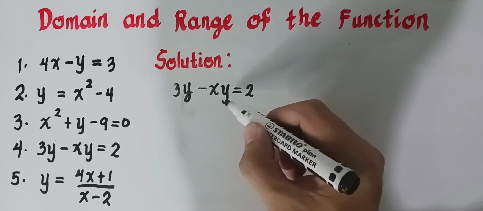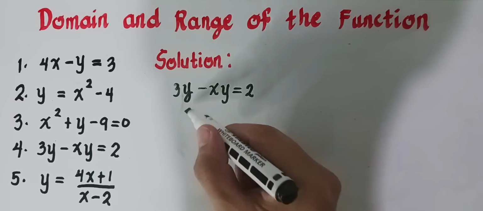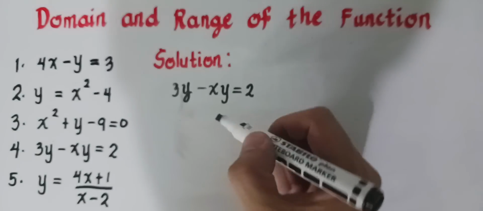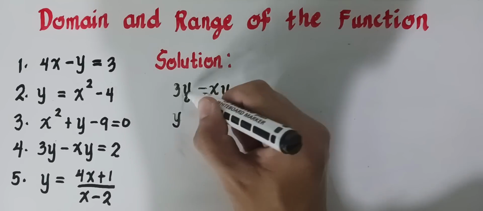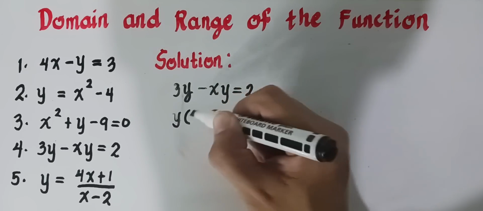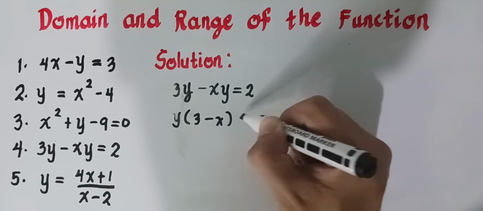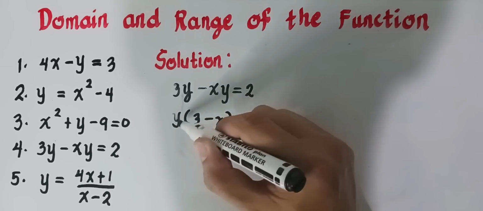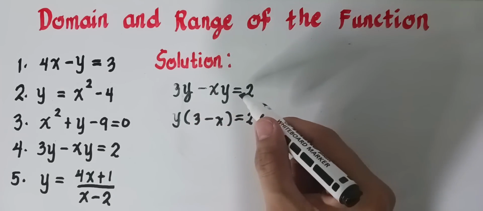Solve for y. So, ang unang gagawin natin dito, guys, ay i-factor out natin to. Okay? So, we have common monomial factor, of course, y. Then times 3 minus x equals 2. Sir, paano po naging ganito? Okay. So, dito guys, ito yung equation natin.